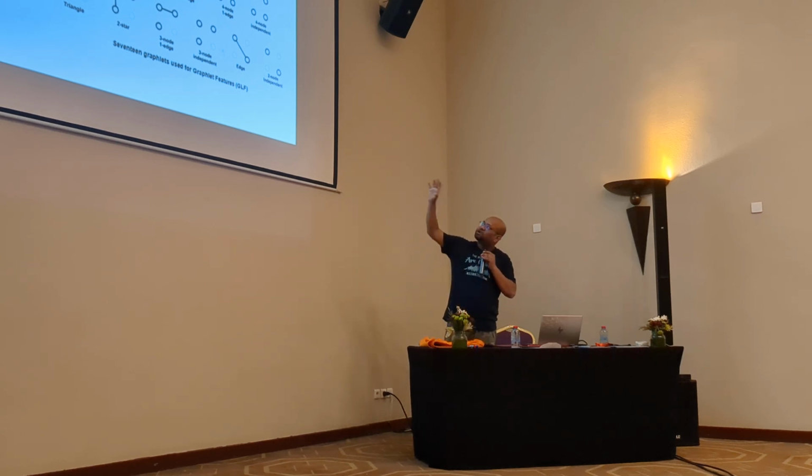So, graphlet features can be used to create a profile of the internal substructure of the graph. Right? So, this is the third type of features that we have. We have taken the count of these 17 graphlets shown here.